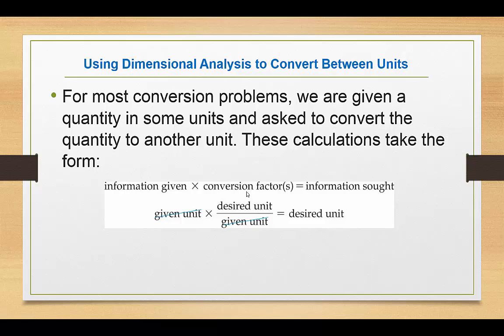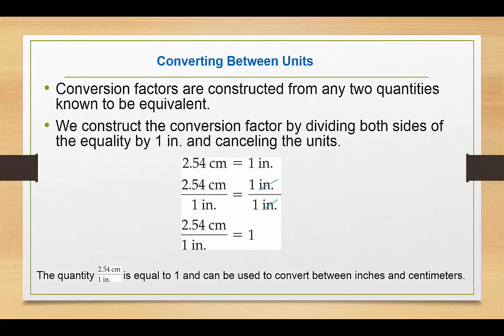So, for example, as I said, inches to centimeters. Conversion factors are going to be constructed from any two quantities that we know to be equivalent. Now, if you're using the Conceptual Chemistry website, as I would highly encourage you to do, those are free points sitting out there, and Dr. Suhaki has wonderful video explanations, much better than I've got here, of some of these.